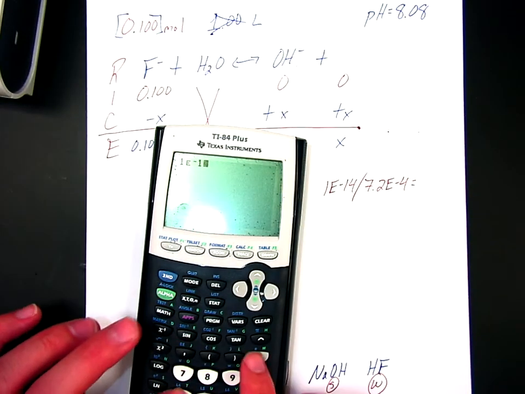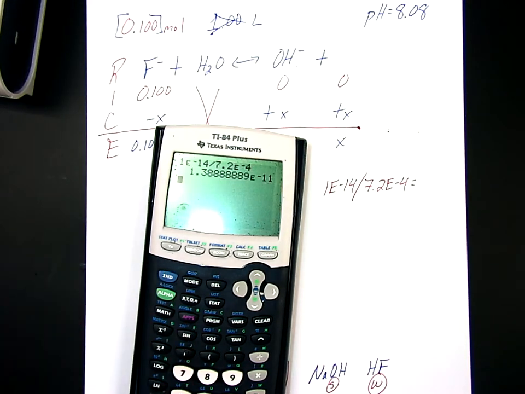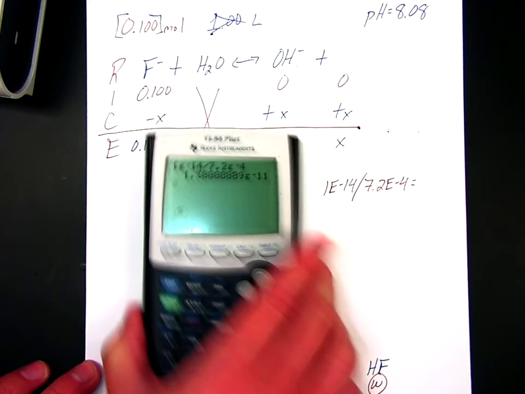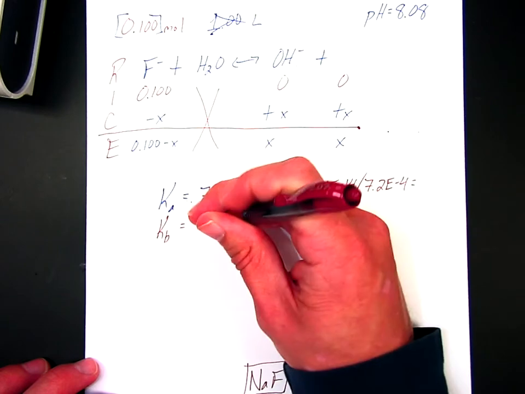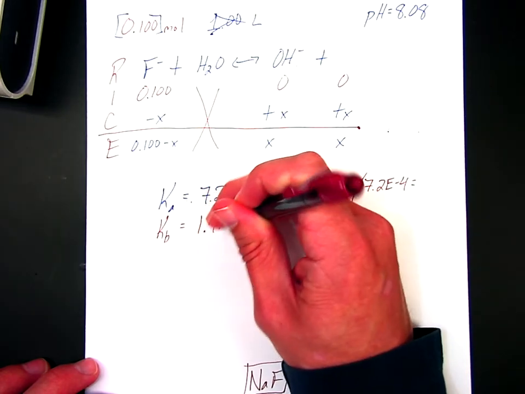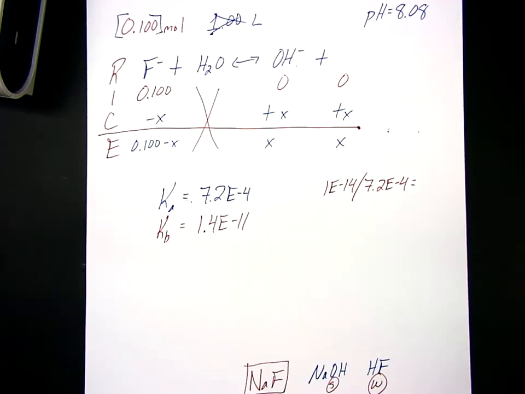It looks like that gives me 1.4 E negative 11 as a Kb. And of course, Kb is what I'm going to put into my equation here.